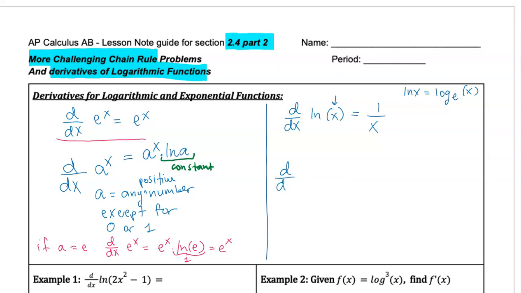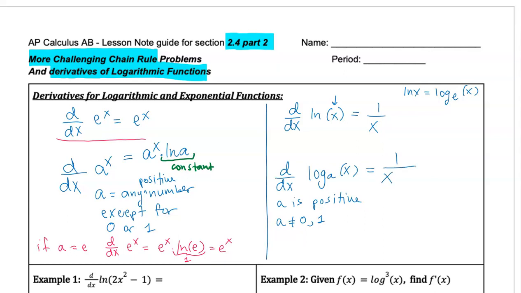Then the derivative of a log with any base. So again, a is a positive number. By definition, we always use positive bases with logarithmic functions. But a is neither 0 nor 1, because then it wouldn't really be a logarithmic function. So the derivative of a log of any base is going to be very similar to the derivative with a log base e.